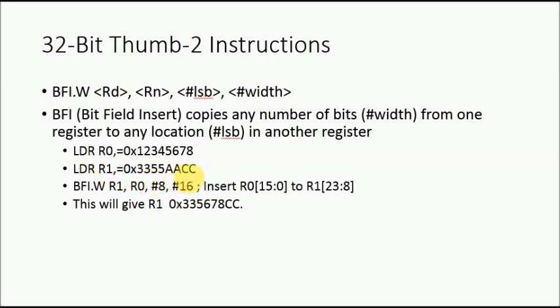If I execute the instruction BFI.W R1, so this is the R1, R1 comma R0, so R1 is the destination Rd, R0 is the Rn. Now #8 indicates the LSB and the width is 16, that is 16 bits.